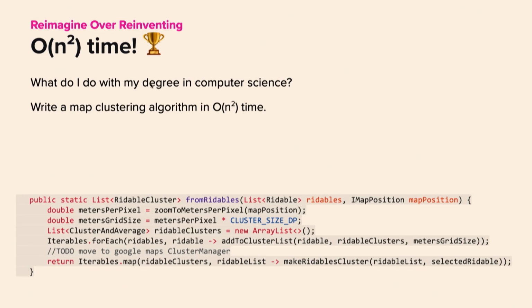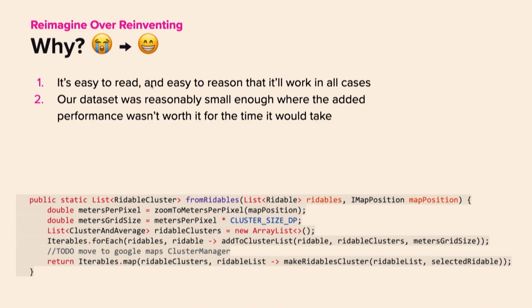But I honestly think that this is really readable code. This does the job, and I have a to-do in there to upgrade it later. But because it's so easy to read and because it can be changed later, it's going to be future-proof, so we're not going to have this be a source of bugs later on. And then most importantly, with the data we were expecting to see at the time, this wasn't going to be an issue.